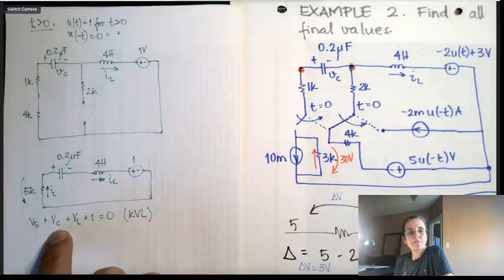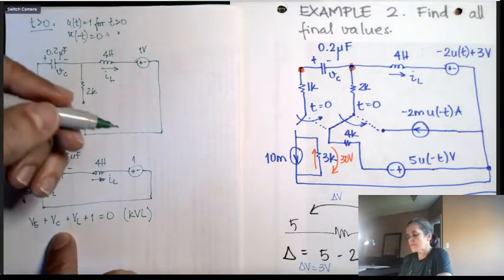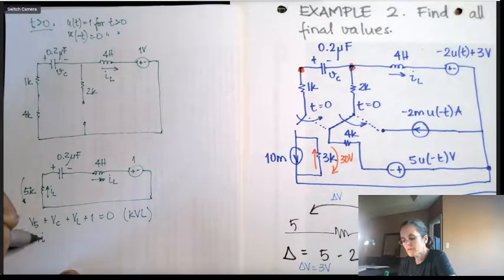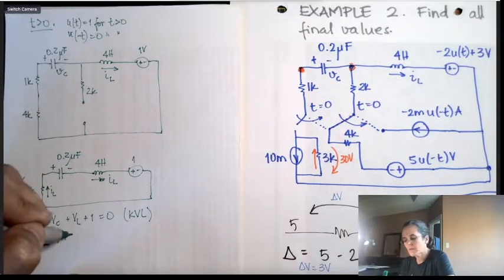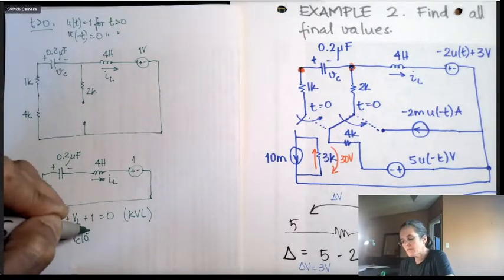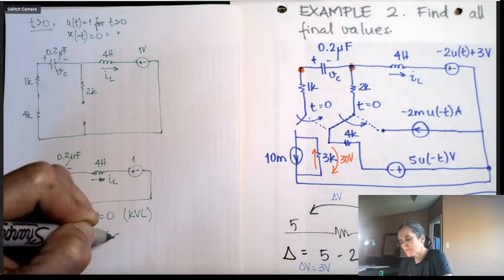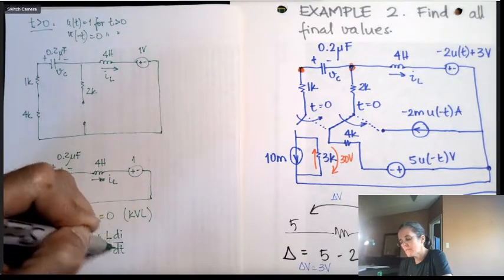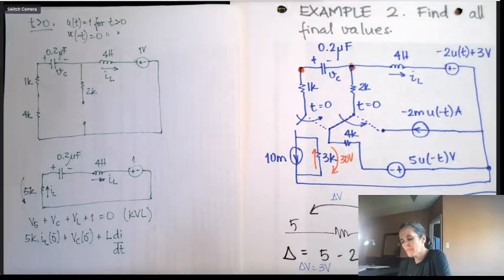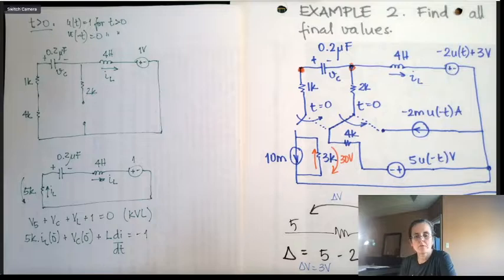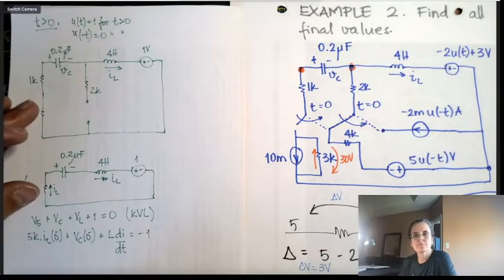And I have the VC because this is the VC that I found for t less than 0. And this one is going to be 5K times IL. And I also have IL of 0 minus, which is IL of 0 plus, VC of 0 minus. Instead of VL, I'm going to write L di/dt equals minus 1. I'm just going to put already the minus 1 on the other side.